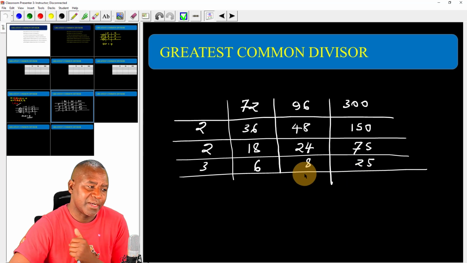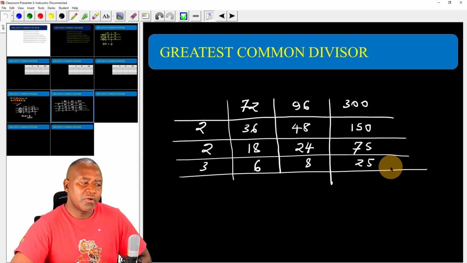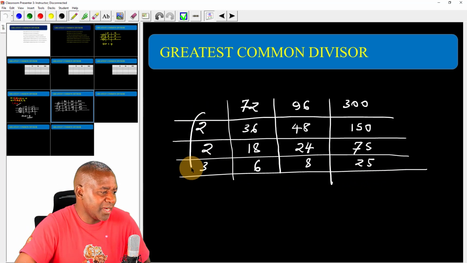No other number. There is nothing common between the factors of this and the factors of this. So at this point, I stop, and then I find the product of these factors.